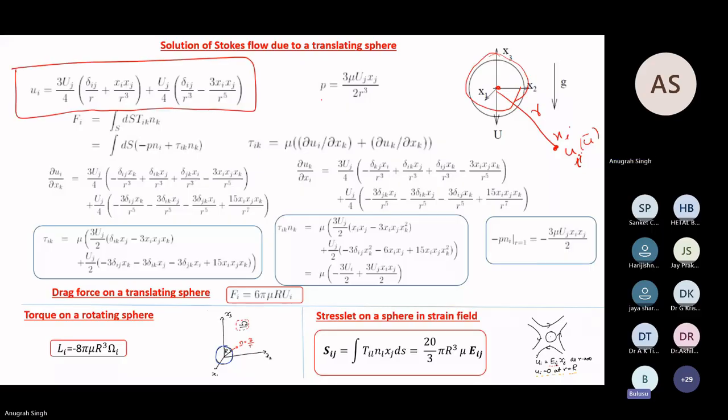And p, because Stokes equation, what is the equation? Your equation is del p by del xi is equal to mu del 2 ui by del xi square. So p and u are the dependent variables, and this is the solution. The velocity field is this, and the pressure field is this.